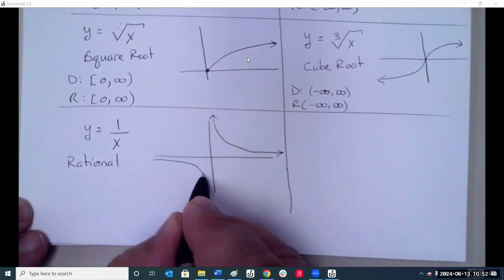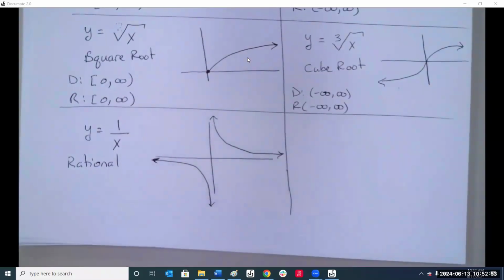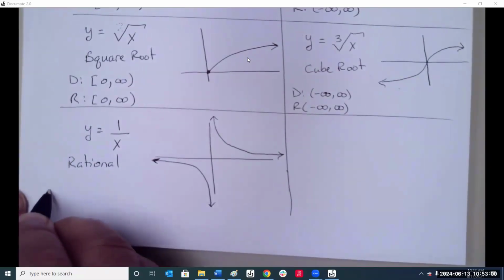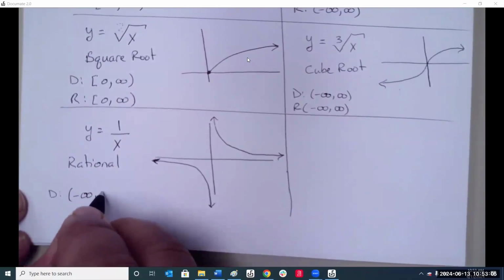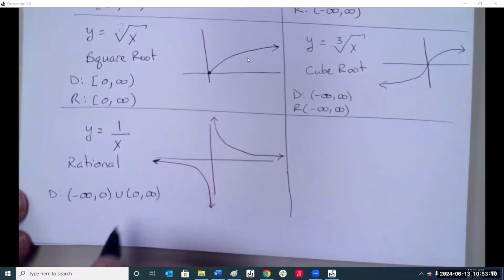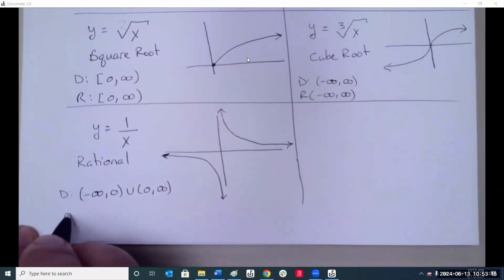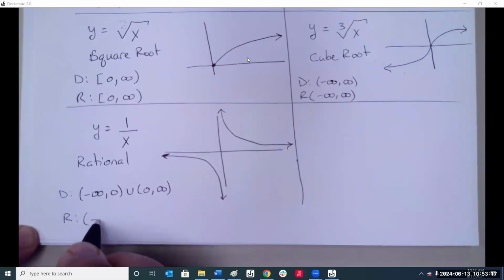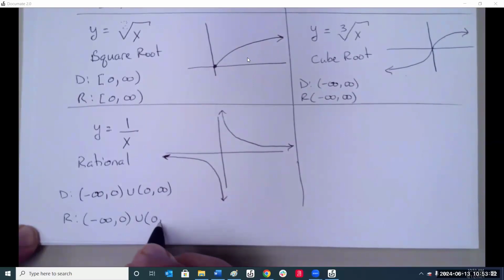On the negative side, it just does the opposite. That's the graph of the rational function. The domain is from negative infinity to 0, and then from 0 to positive infinity. But we can't use 0. That's why it's a parenthesis. Same with the range: negative infinity to 0, union 0 to positive infinity.